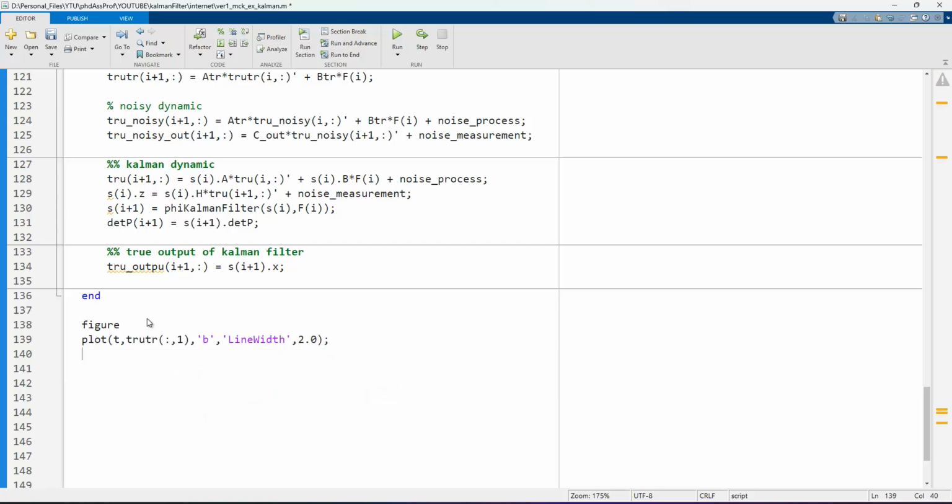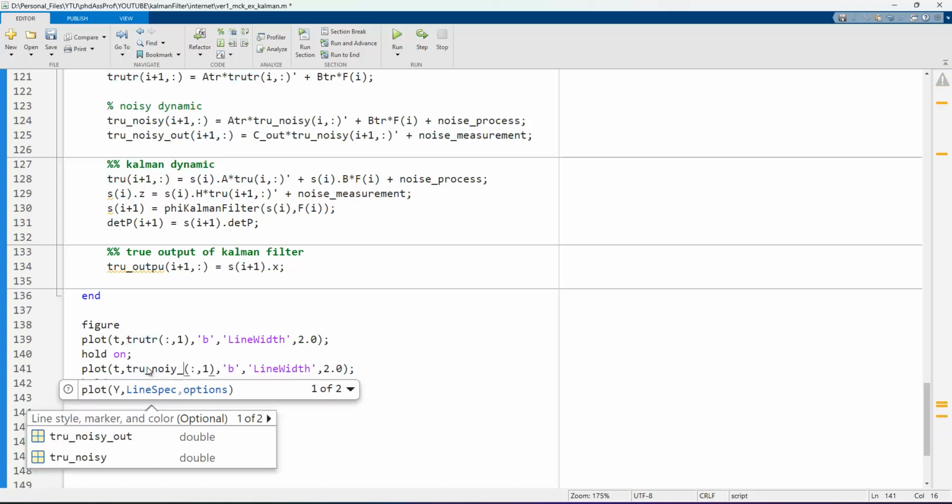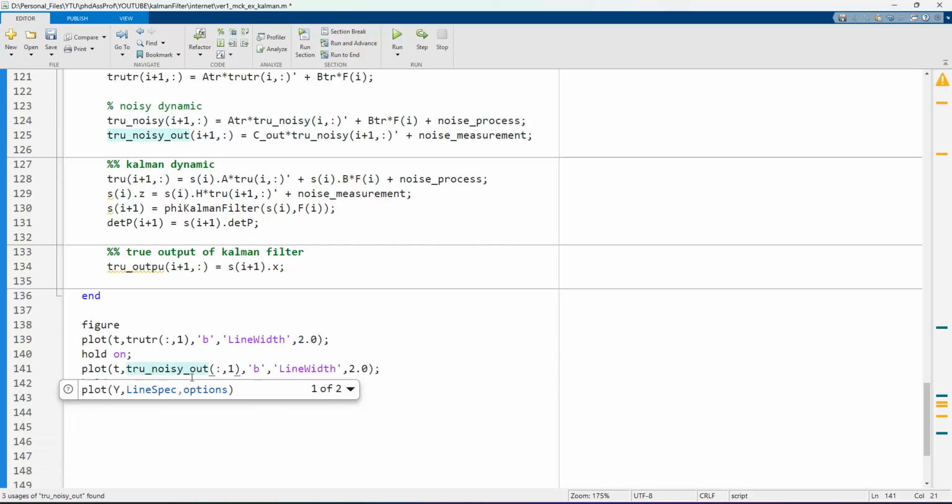Okay, and hold on must be given in here, and also the true noisy out. This is the measurement coming from the physical system. This is the green one, okay, and after that the true output.